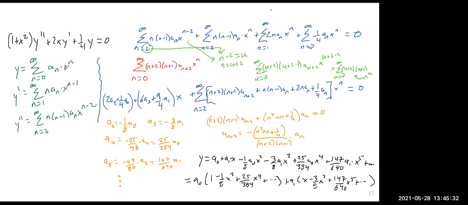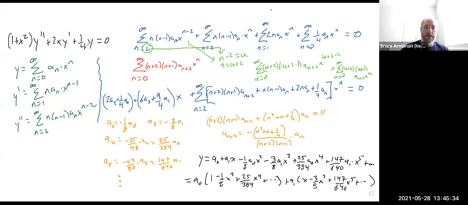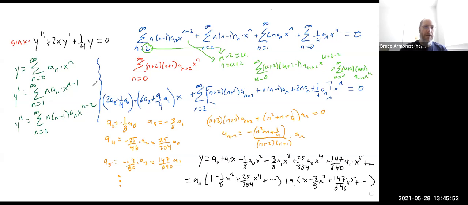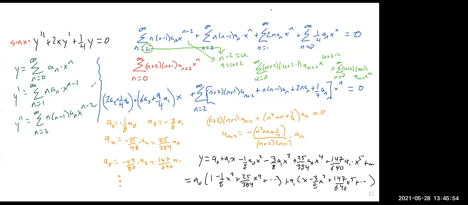Before I go to 16, let me show you exactly what I would do in that case. I'm going to change this real quick, so instead of 1 plus x squared, let's say we had sine of x times, right? Yeah, exactly, something like that.